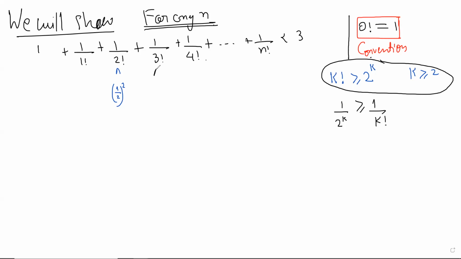You get this is less than 1 by 2 cube, 1 by 2 to the power 4, 1 by 2 to the power n. Is this fine? So this is again a similar kind of term by term comparison, but by using this.